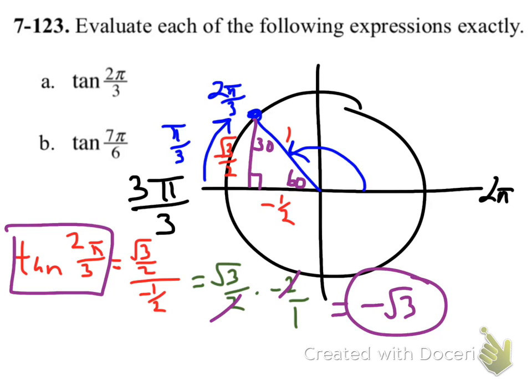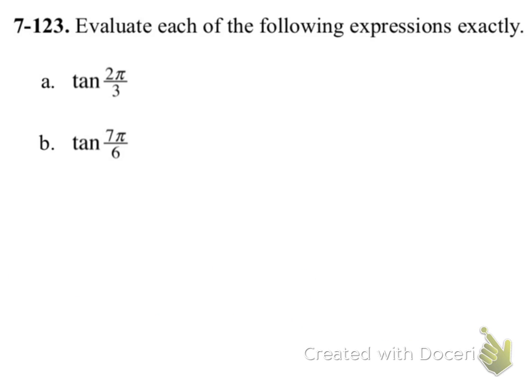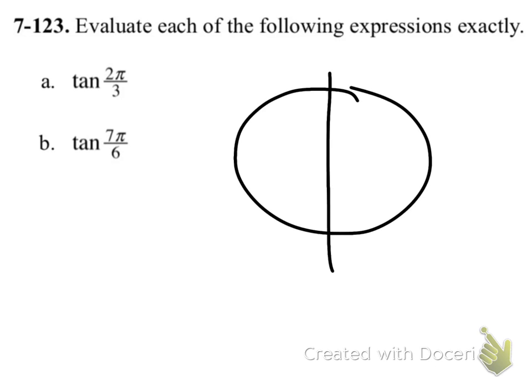So if I do the same thing for problem B, again making a quick sketch here of my unit circle, 1 pi right here. So now pi over 6 is my reference angle, so I'm going to make this into a 6 pi over 6. It's still 1 pi.